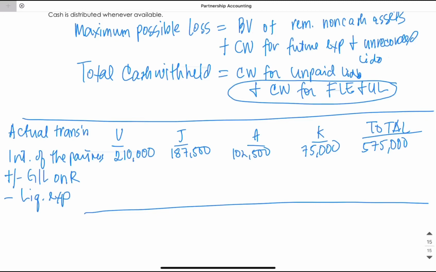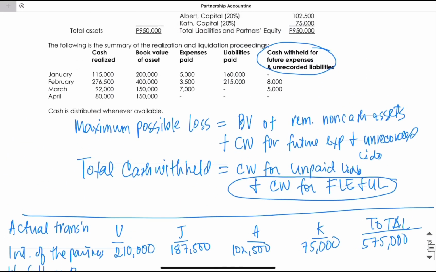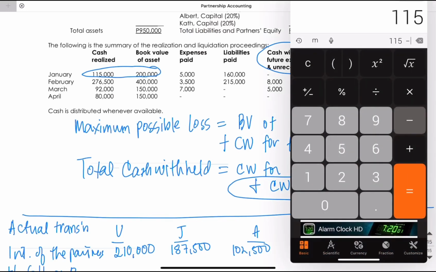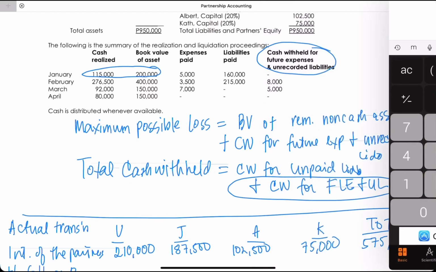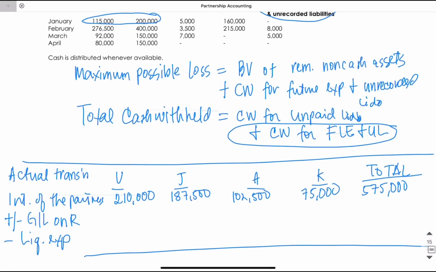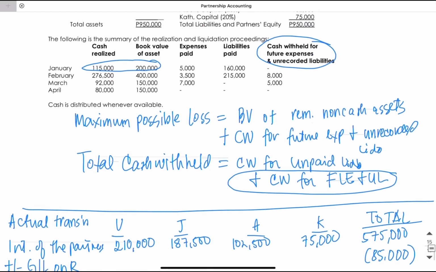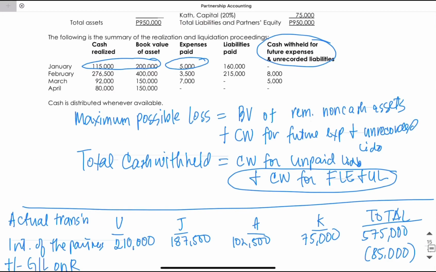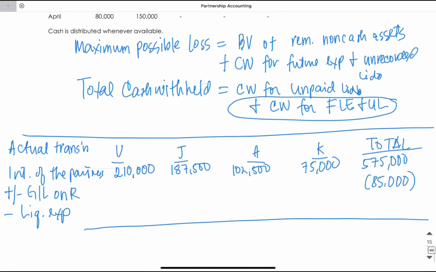Again, that's the difference between the proceeds and the book value of non-cash assets. So for the month of January, we have 115 minus 200. So 85,000 here, loss. And then we have paid expenses amounting to 5,000. So that is another 5,000.